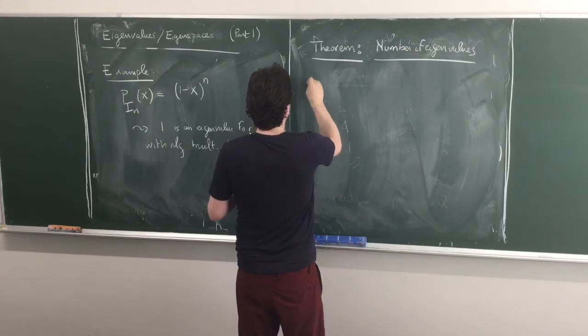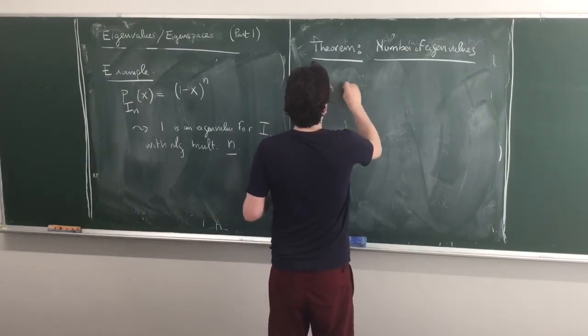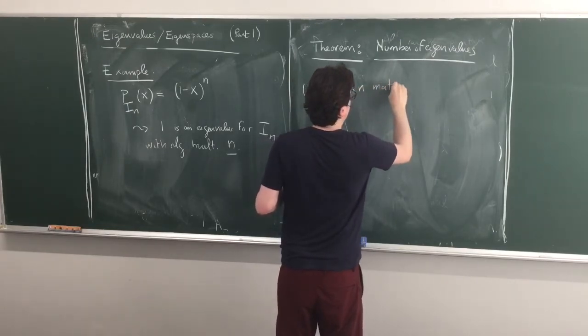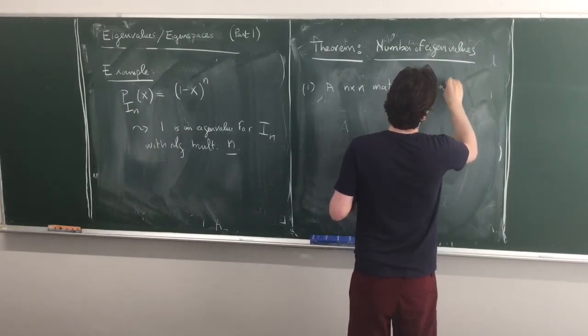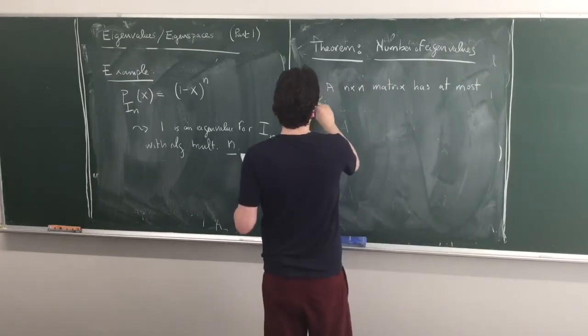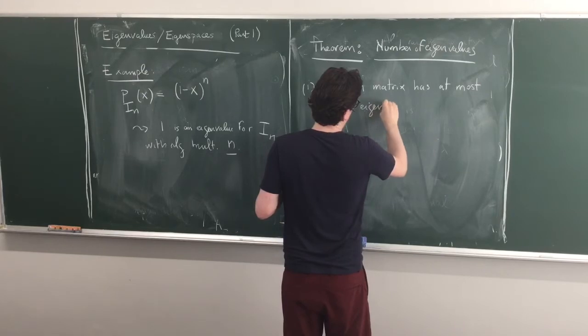First of all, an n times n matrix has at most n real eigenvalues.